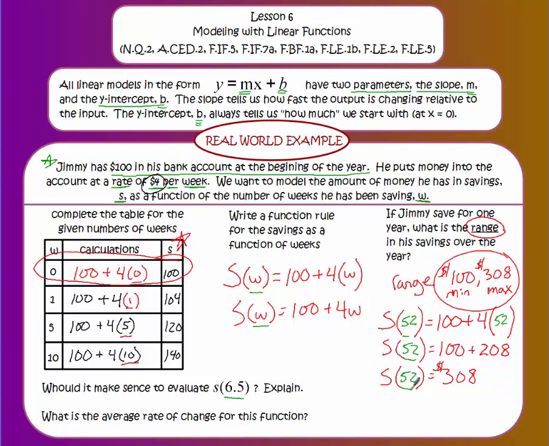Well, again, this is a real world example. So let's go back to the top. He puts money into the account at a rate of $4 every week. So is he stopping in on Wednesday and putting in $2? I don't think he is, right? Just maybe every Friday or every Saturday at the end of the week, he's putting in another $4. So you have to wait an entire week before the $4 goes in. So to me, I don't think it would make sense to evaluate 6.5, because Jimmy's not putting money in at half of a week, only on the whole numbers.